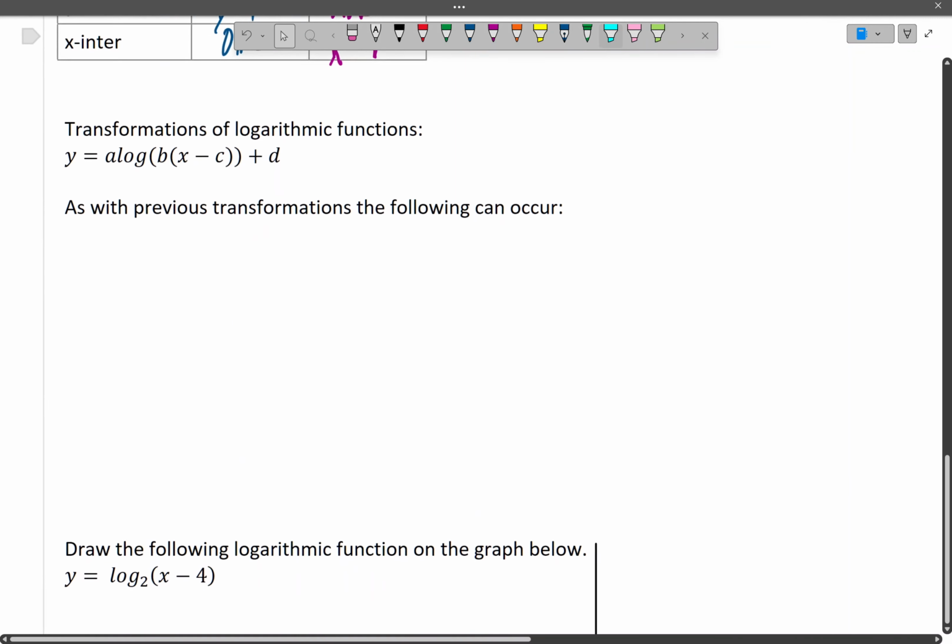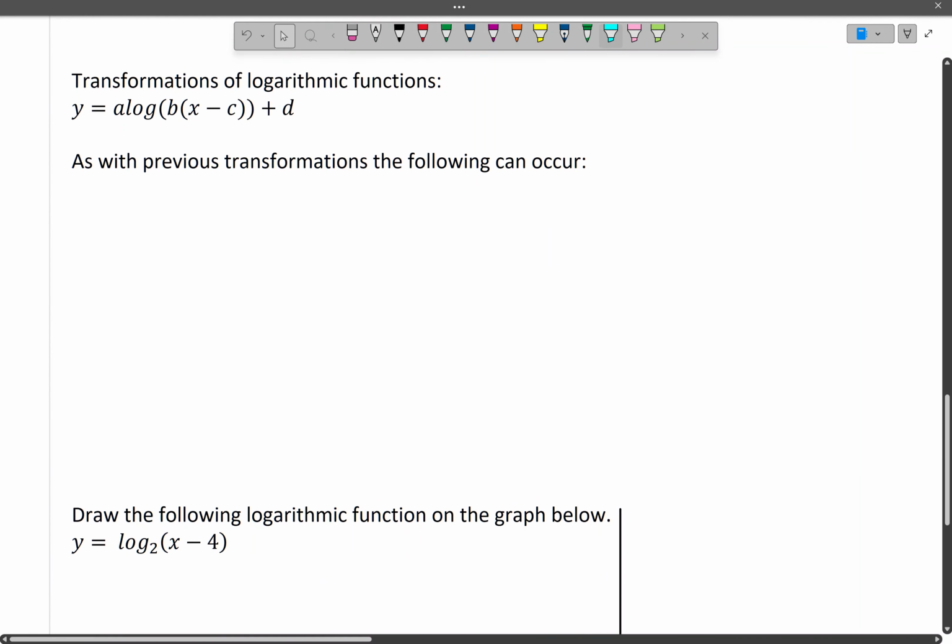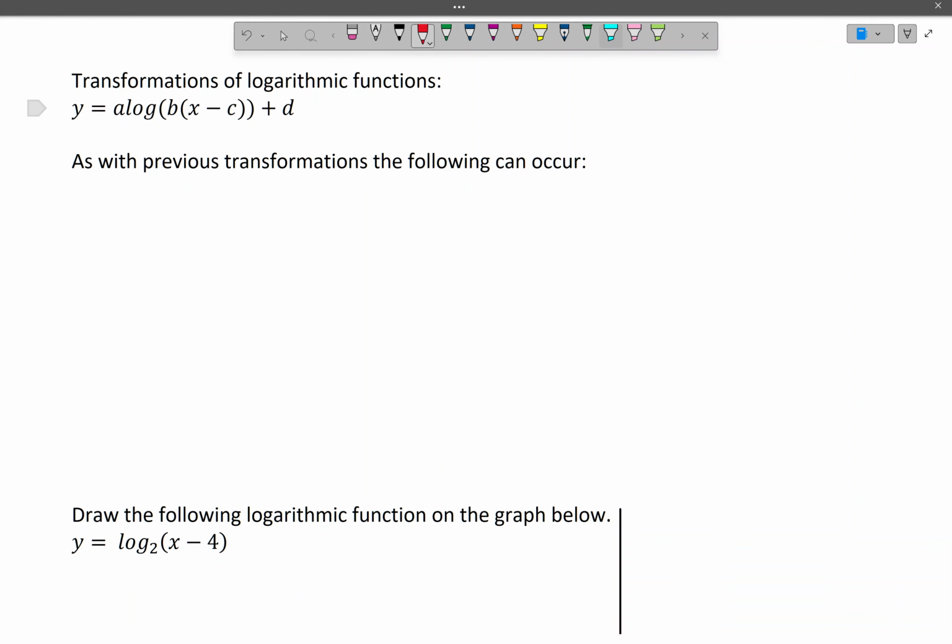Okay, so with all that said, we understand some of the basics of the logarithmic functions, but let's take a look at some transformations. There are different transformations that can occur, but the important thing is, what is x being replaced with? So x is being replaced with x minus c. Well, that means we're going c units to the right.